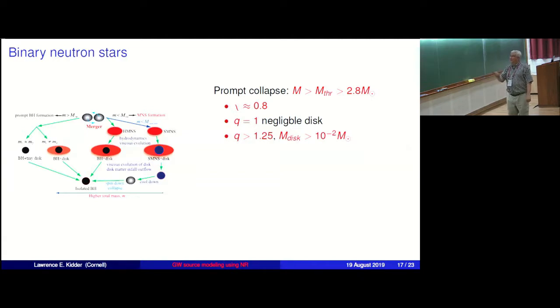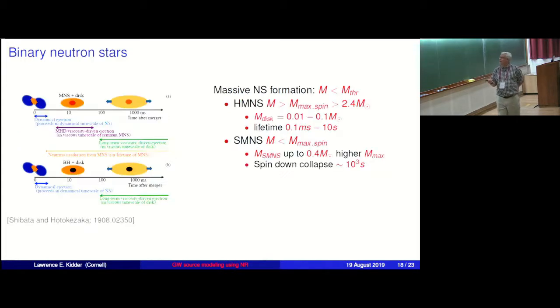If you have prompt collapse, you'll end up with a final black hole whose spin is about 0.8. You'll have a negligible disk in the equal mass case, whereas if your mass ratio is larger than 1.25, you might get a percent or so of solar mass in the disk.